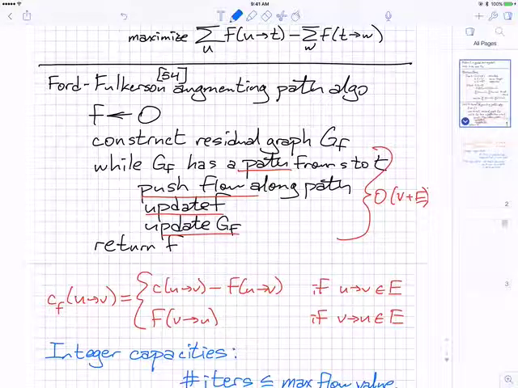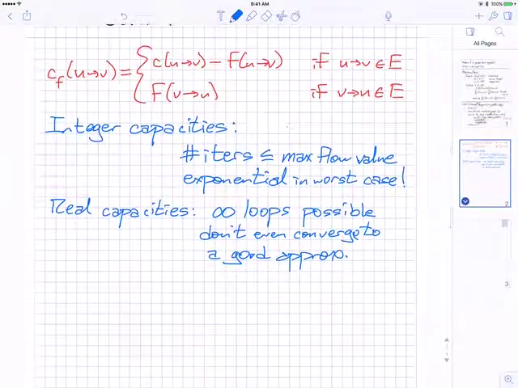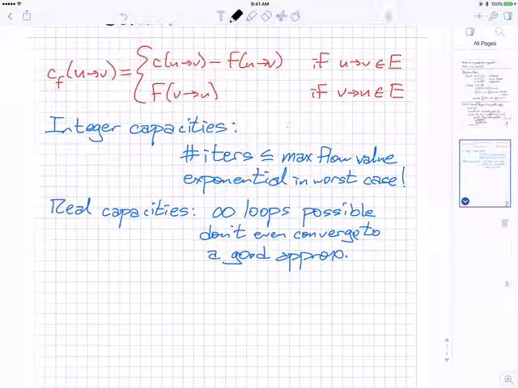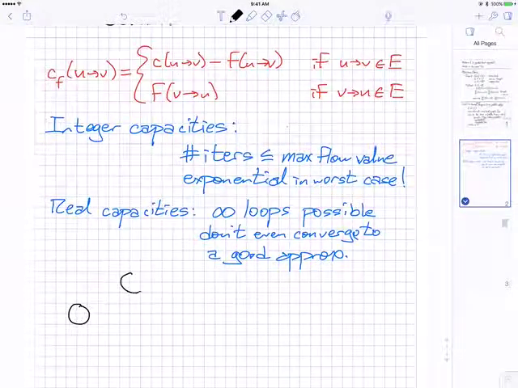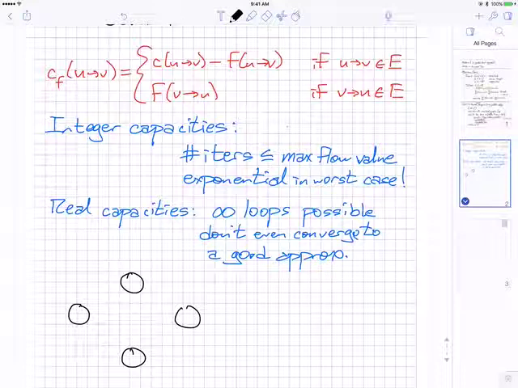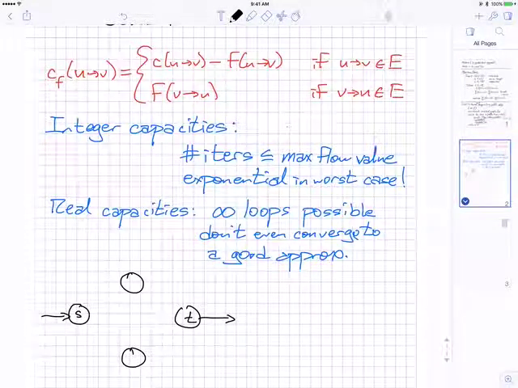Okay, so let me give you just a tiny example here. This is not going to be as complicated as the examples we saw before. So here's S, here's T. I usually draw these arrows just to emphasize that they're the source and the target.